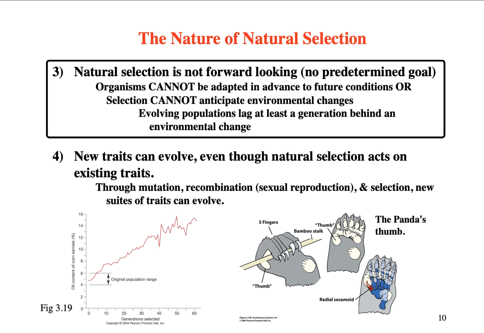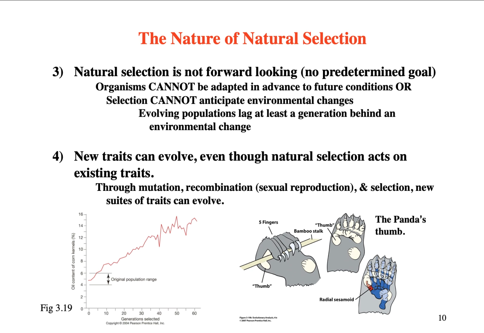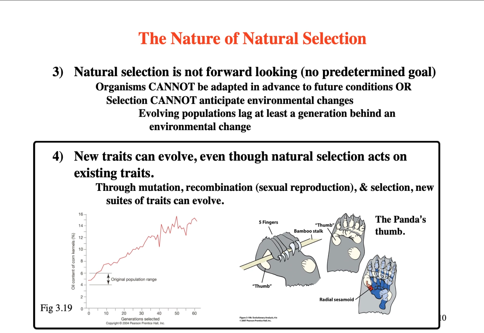And so the environmental change leads to those organisms that have those characters to survive, and that's how different characters sort of emerge from all of the variation within a species or population. So new traits evolve through natural selection of existing traits.